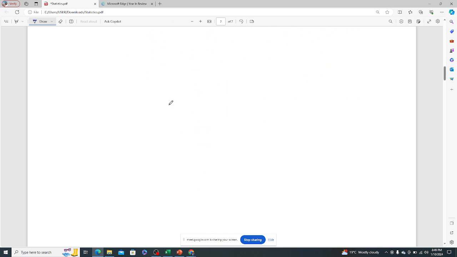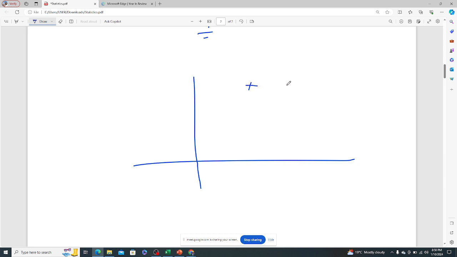All right, let's assume we were given a data set of this kind. We have some data points, and you are told to come up with the equation of a straight line, or you come up with the line of best fit.